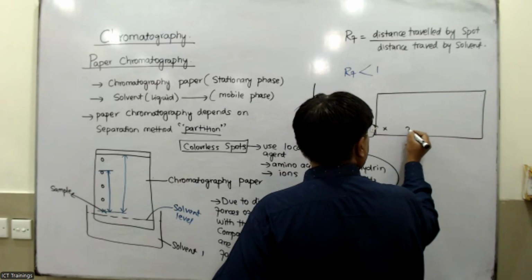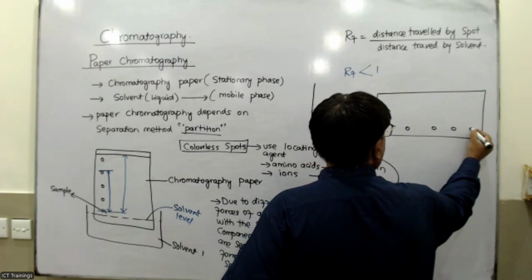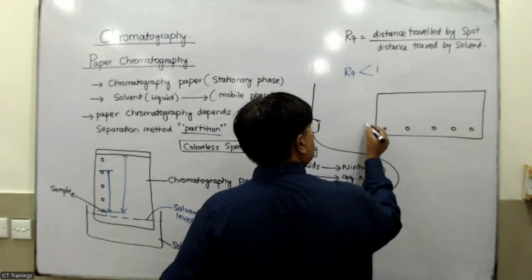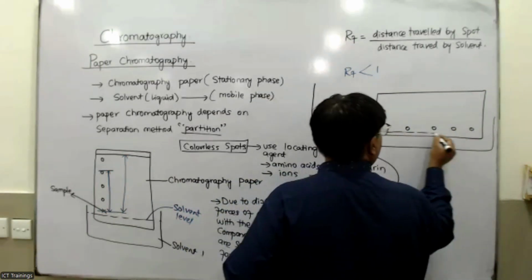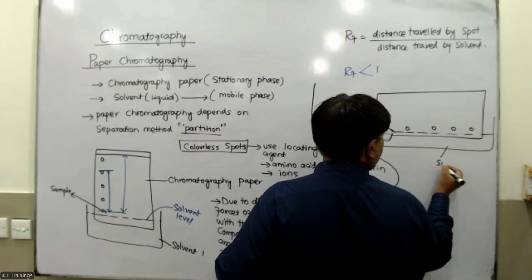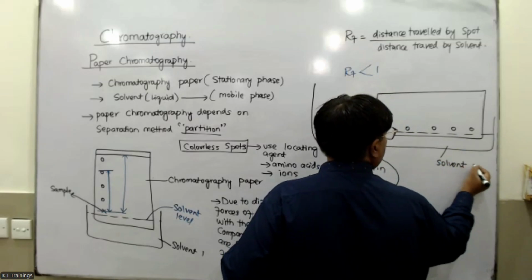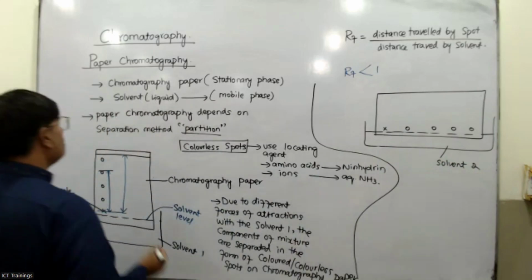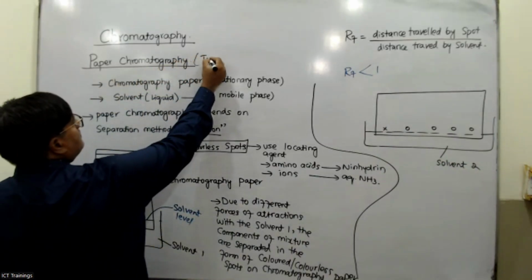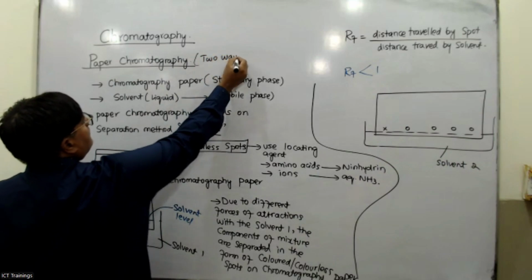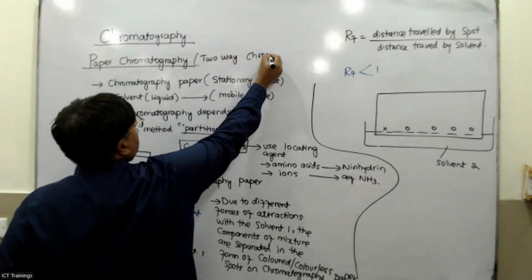So here we got the different spots formed. Now you should put it in another solvent which is called solvent 2. So this is your solvent 2. So this is actually the two-way chromatography.